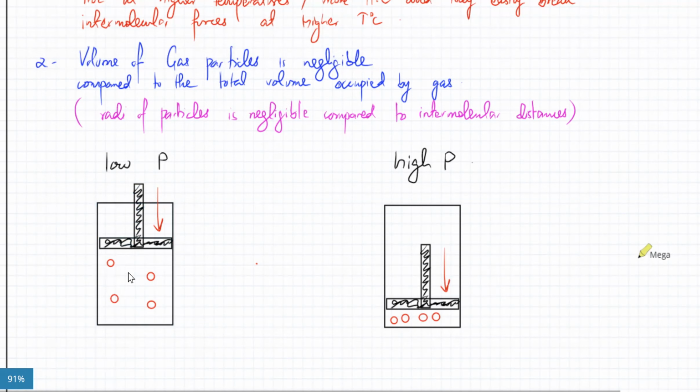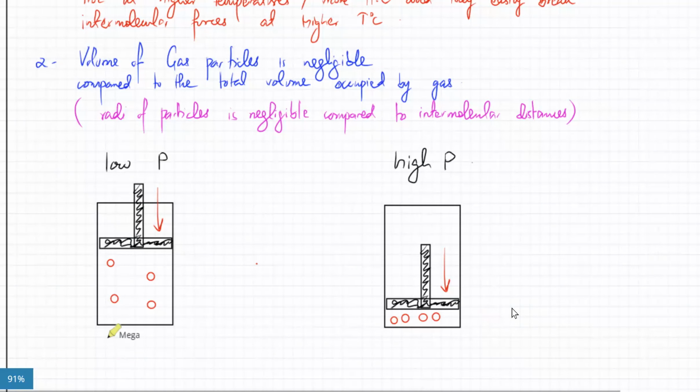The gas particles themselves have negligible volume. But when you're at high pressure, the empty spaces go away because you're compressing it. So all the empty spaces are gone. The volume of the gas particles is no longer negligible because it's almost the same as the volume occupied by the gas itself.